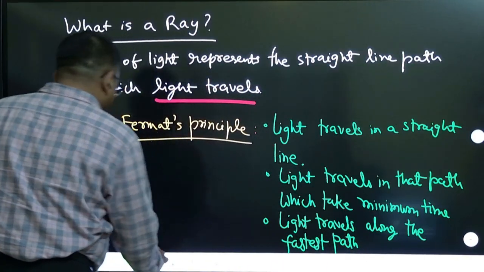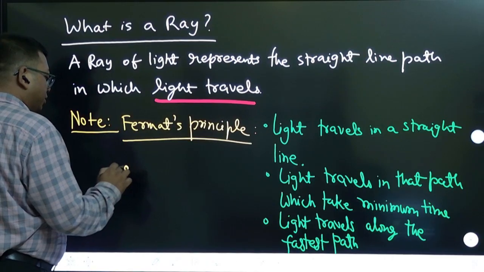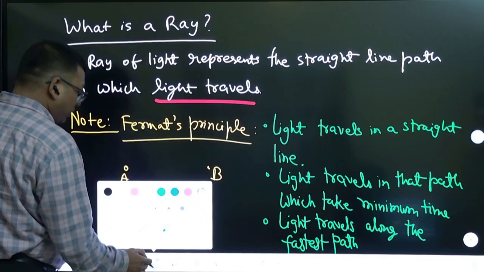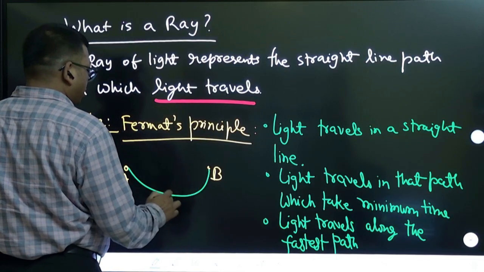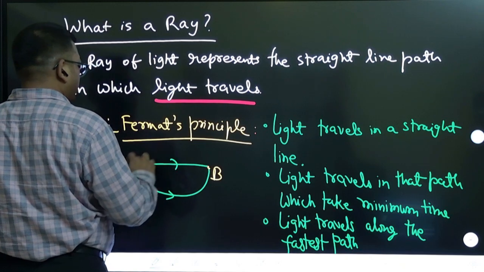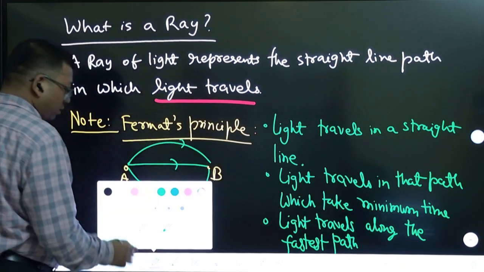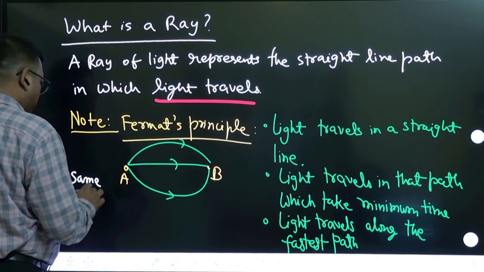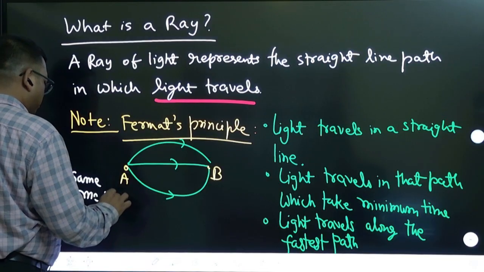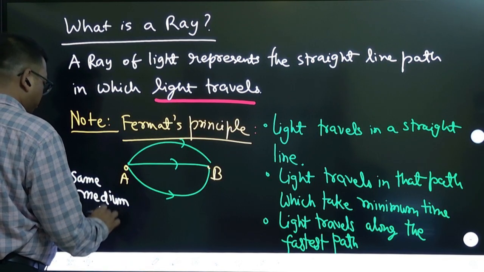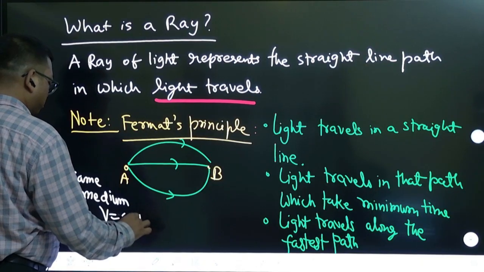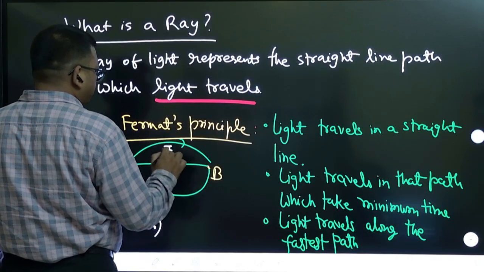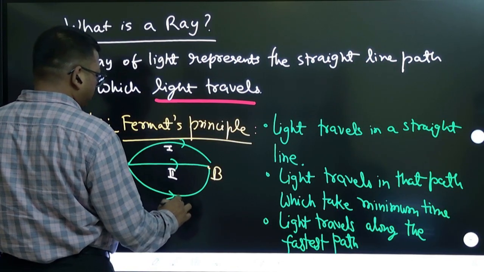Okay, so suppose for example light is going from point A to point B. There can be various ways light can reach. All these are different paths, and assume that the medium is the same, so speed remains constant. Suppose I take path 1, path 2 and path 3.